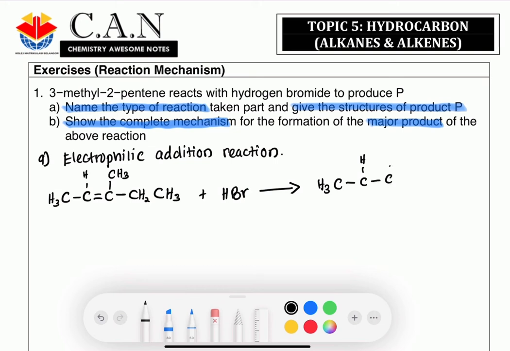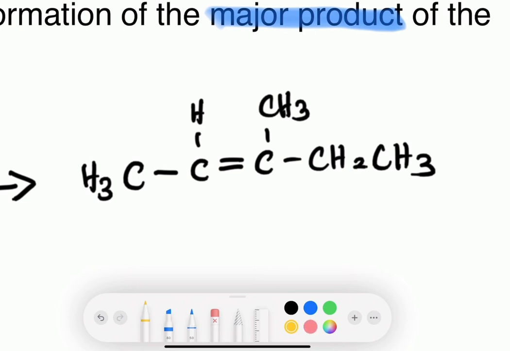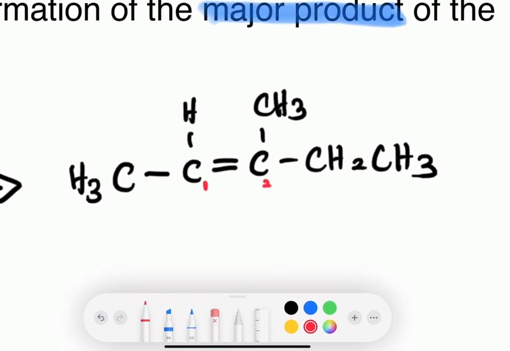So if we look here, say this is carbon number 1 and this is carbon number 2. Our H will, of course, go to carbon number 1 because it has one H here. So our hydrogen goes here and our bromine will go here.